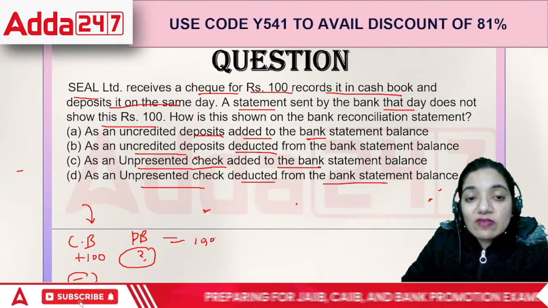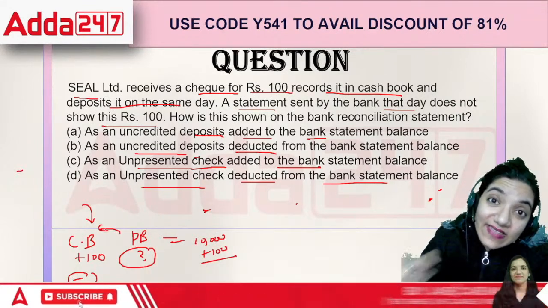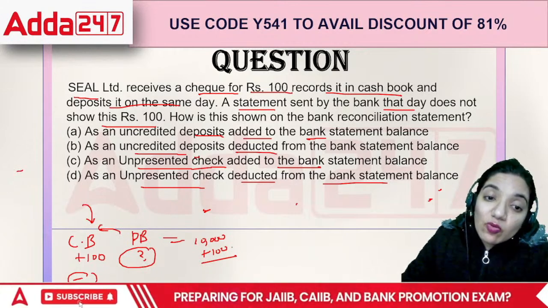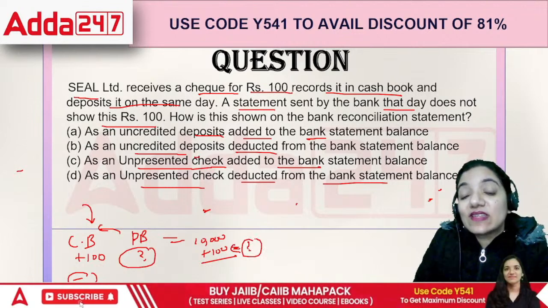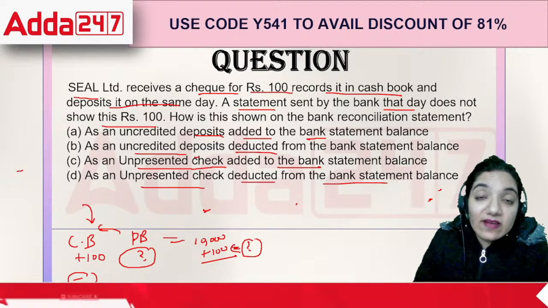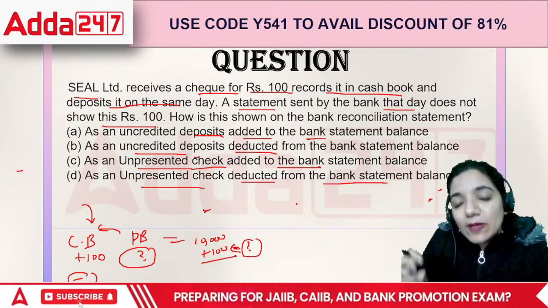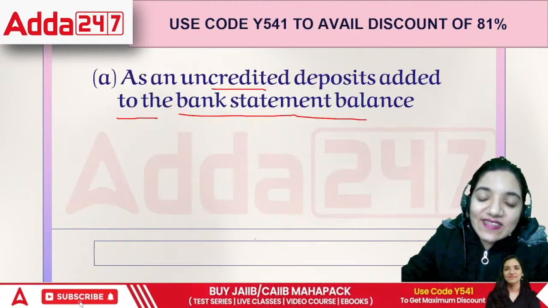That was rupees 10,000. And now I will add this 100 rupees and find out, are we at the same amount where the cash book is standing? That means was this problem only related to this rupees 100, or is there anything else that is also troubling us? That is what we are trying to find. We are not going to change the passbook balance, but we are just going to add it up to find out whether it reaches the same page or not.